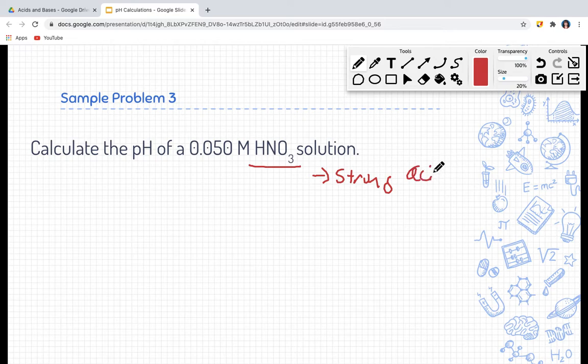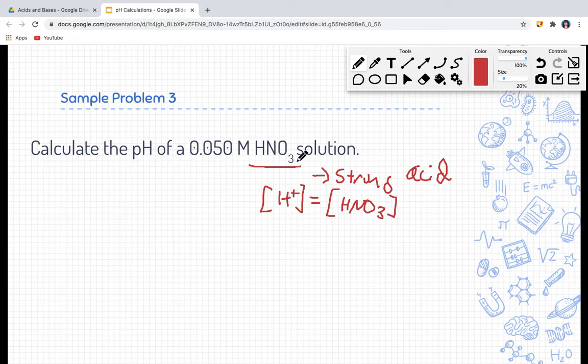That means that the concentration of H plus should be equal to the concentration of the acid itself, because it's going to dissociate completely.